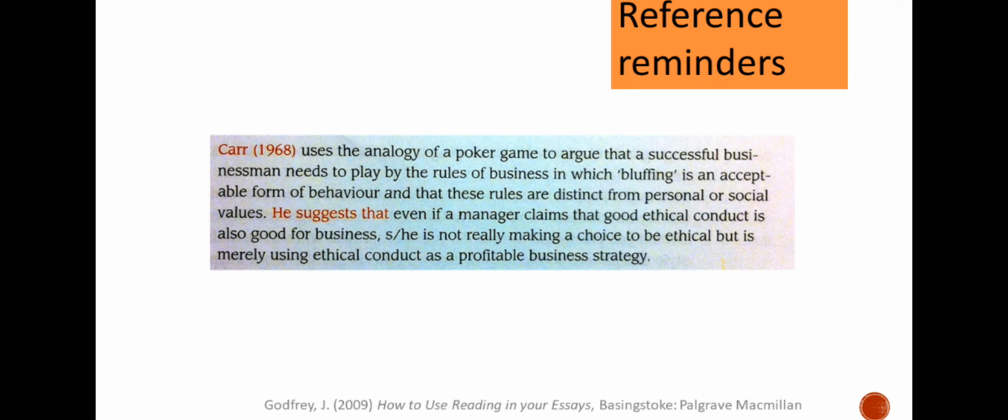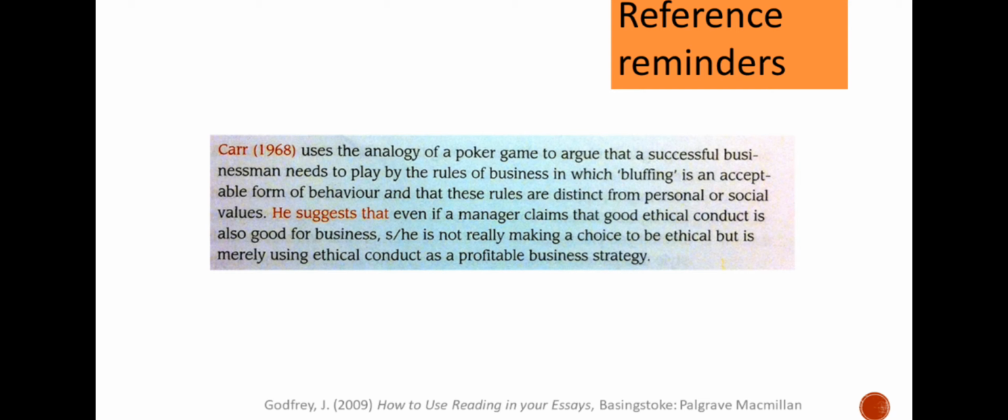When you use the author as part of the sentence, as in this example here, when it says Carr uses the analogy of a poker game and so on, Carr becomes part of the sentence, and you can see that it is not added in the in-text citation. Only the year comes in between brackets just after the author name. In fact, this is the author's surname.